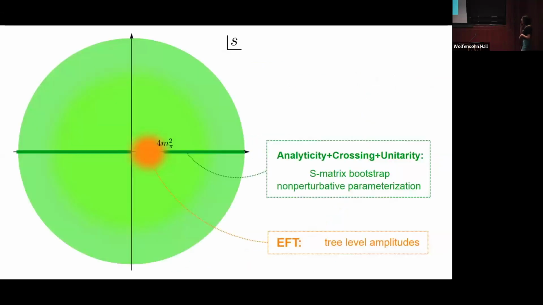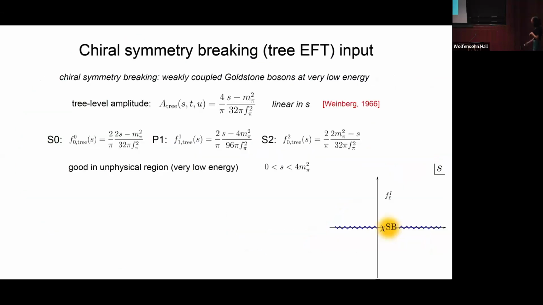That brings us to the next step where we're going to put in some low energy information. Chiral symmetry breaking says that the Goldstone bosons are weakly coupled at very low energy. If we look at the tree level amplitude, it's a linear function in the Mandelstam S. And correspondingly, the partial waves are also linear in S. And this gives a very good description in the very low energy unphysical region below the two-particle threshold.